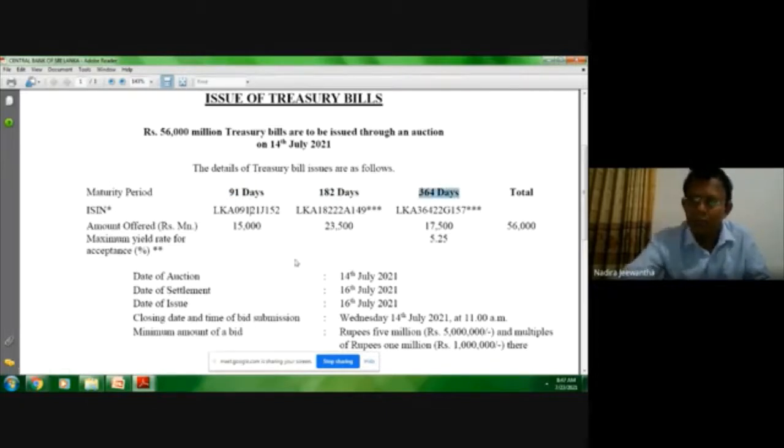Anybody who purchases in between from that particular seller will not be holding the entire period. So basically he will be holding less than the original maturity.